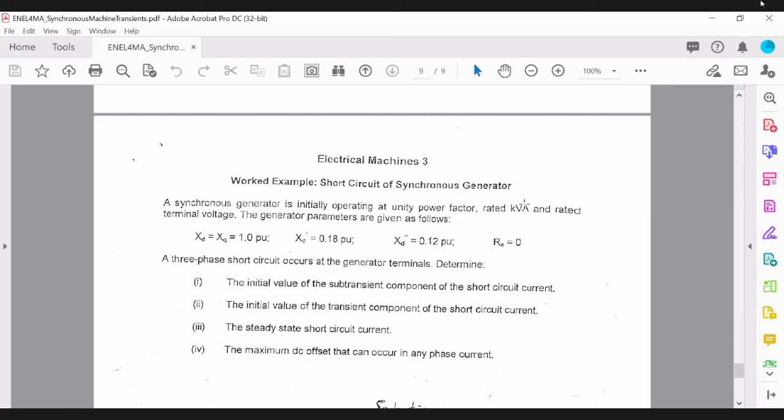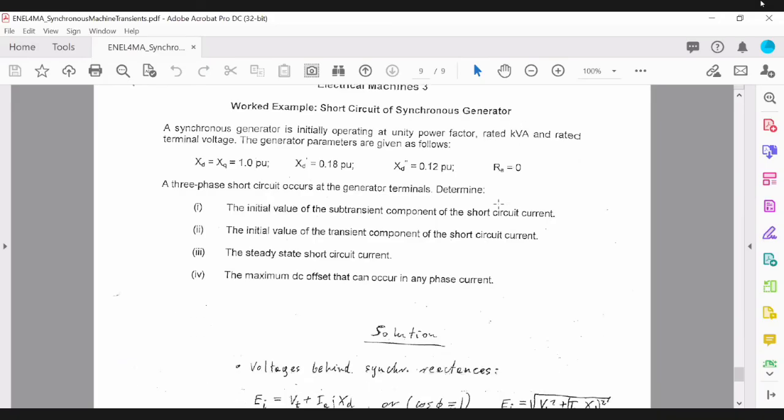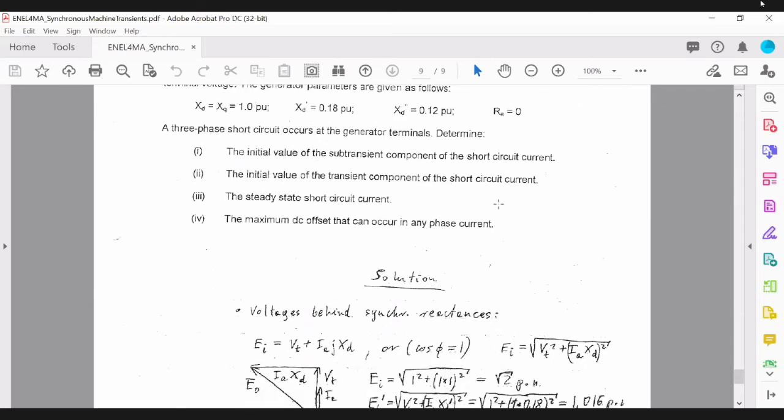So obviously, if the generator operates at unity power factor, rated load, and rated terminal voltage, you know that it's operating at a terminal voltage of 1 per unit, and the power per phase will also be 1 per unit, and that will give you a current also of 1 per unit.